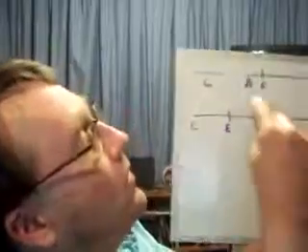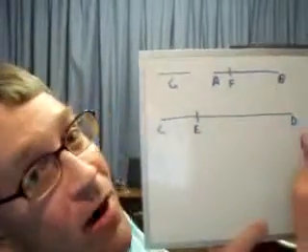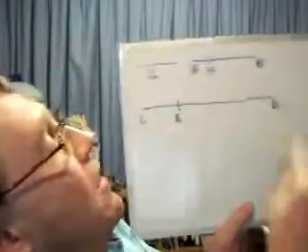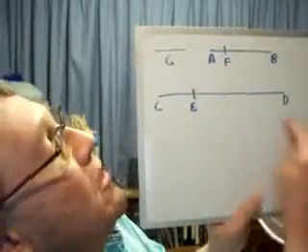But AB measures DE. So this line here measures this line right here. Therefore, AF will measure DE. This line here will also measure this line here, without leaving a remainder. But it also measures CE.